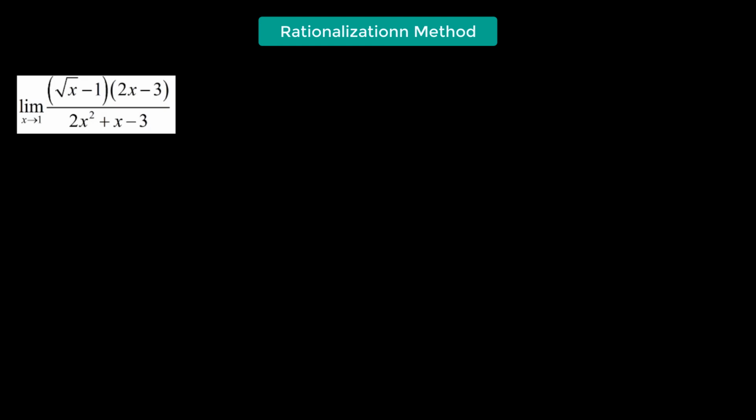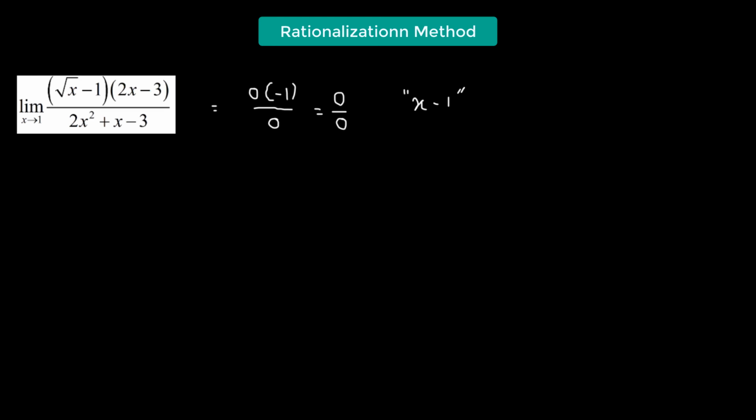Let us do another problem. We have to determine the limiting value of the given function when x approaches 1. So when we substitute the value of x with 1, we get 0 multiplied by negative 1 divided by 0, which gives us an indeterminate form of 0 over 0. So that means we need to factor out x minus 1 from both the numerator and the denominator.